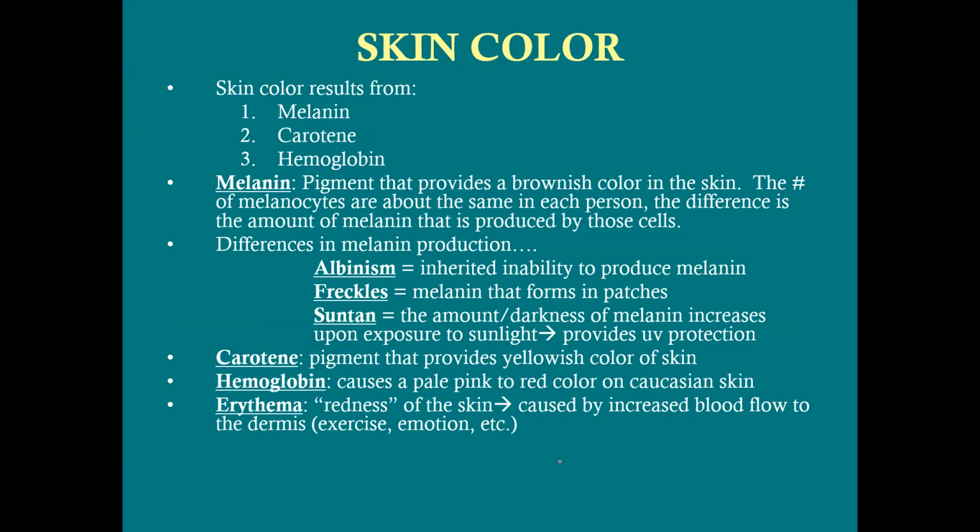Now, let's talk about skin color. There are three main substances that color your skin. Melanin, which is by far the most important, keratin, which is of secondary importance, and hemoglobin. We all know melanin, that's a nice, easy one. Melanin is made by the melanocytes.